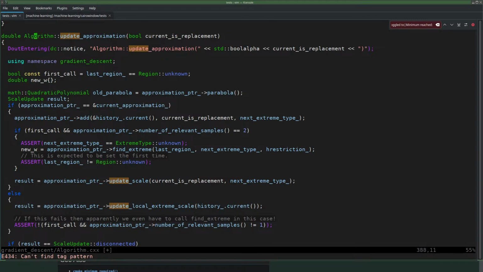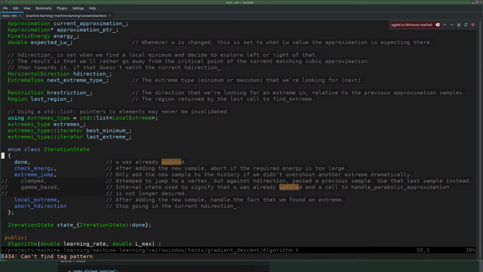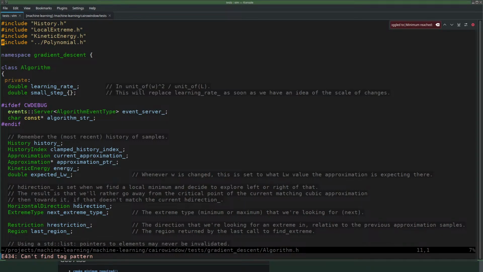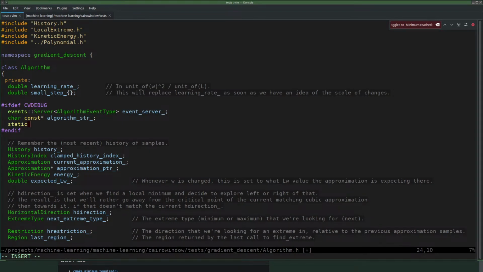Let me add a magic value for an uninitialized W. Stuff fit in a double. It's a bit, 20 is maybe a bit much.